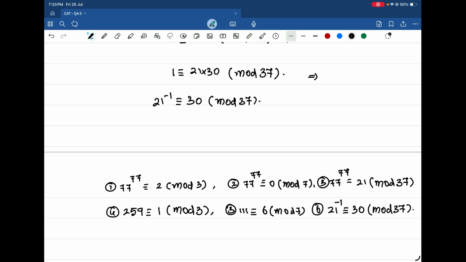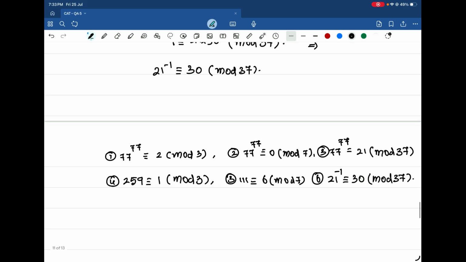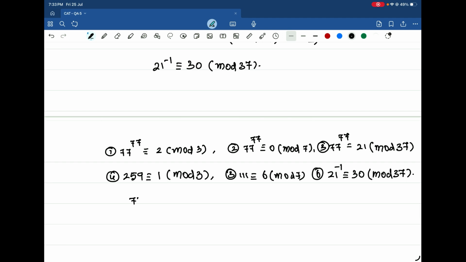Now we have to combine all the 6 equations and get the total value of Q, where 77 to the power of 77 is equivalent to some Q mod 777. That's what we have to get. These are the 6 equations.